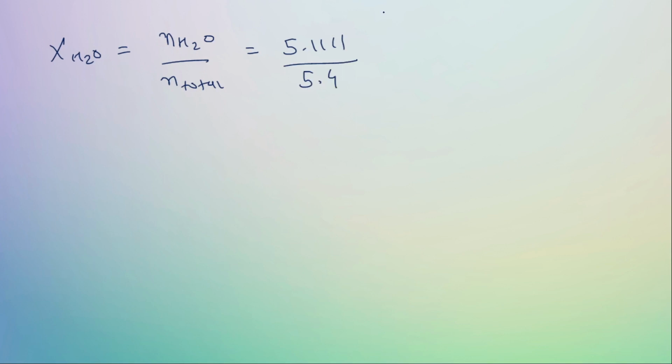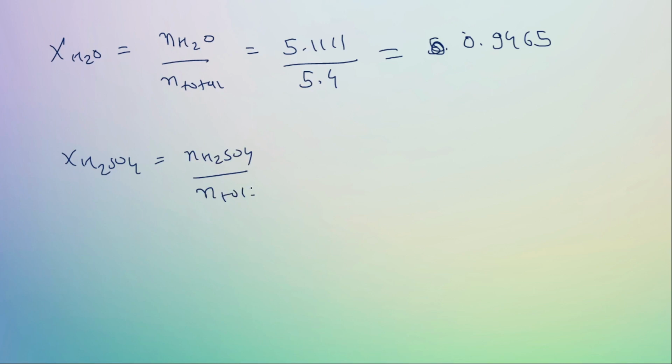So it is equal to 0.9465, and mole fraction is unitless. XH2SO4 will be equal to nH2SO4 divided by total mole. So the moles of H2SO4 will be 0.2857 and 5.4. So it is equal to 0.0529. So here is the mole fraction of H2O and H2SO4.